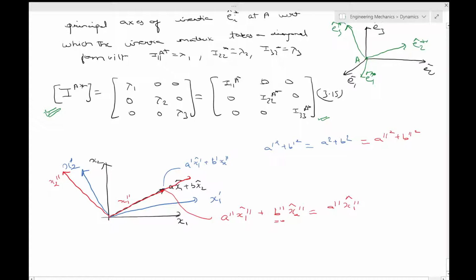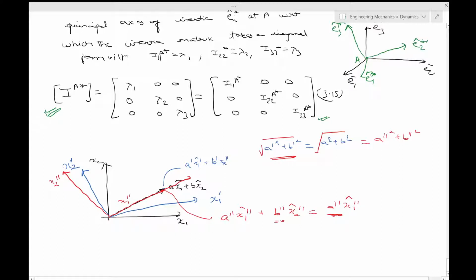Now but something really strange happens over here. In this particular case, this b double dash will actually be equal to 0, because you can see that this point lies entirely on the x1 double dash direction, so you will just write it as a double dash x1 double dash hat. So definitely now under this particular transformation, x1 double dash is a principal axis, because the entire magnitude of this vector is lying along x1 double dash, and that makes it a principal value.